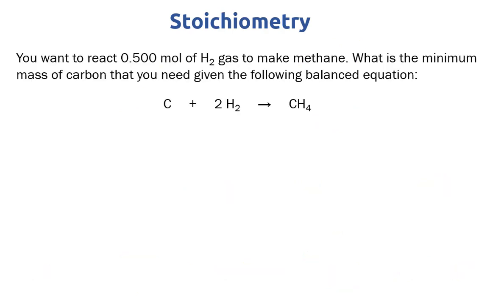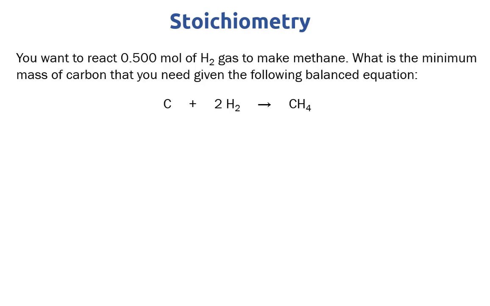So here is a sample problem. It says you want to react 0.5 moles of H2 gas to make methane. What is the minimum mass of carbon that you need given the following balanced equation? This is the same balanced equation we saw in the previous video, where we have a 1:2 ratio of carbon to H2.